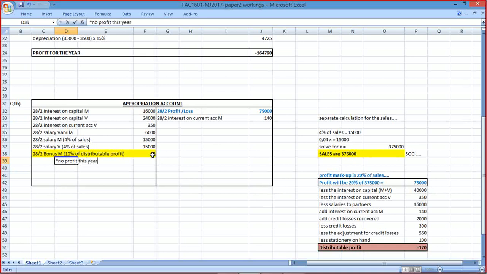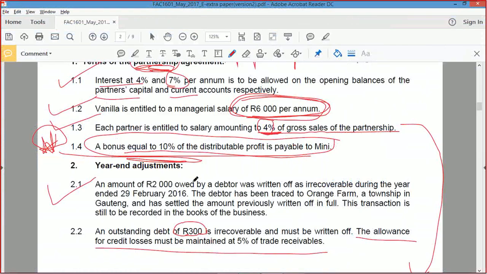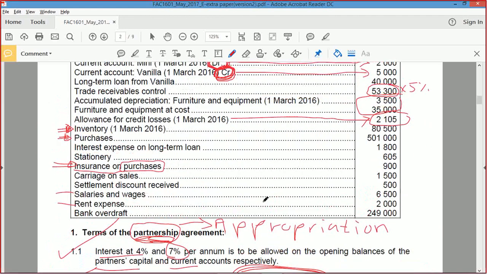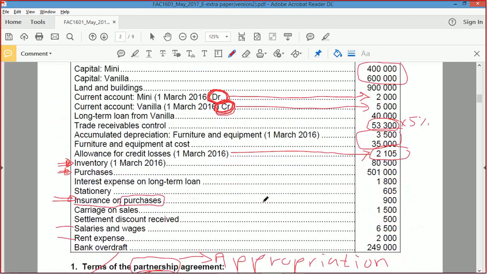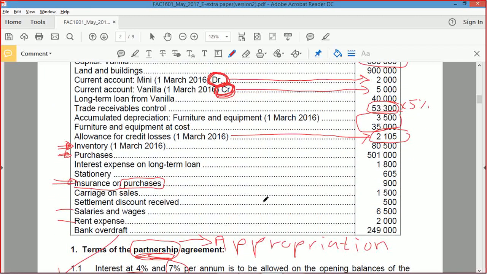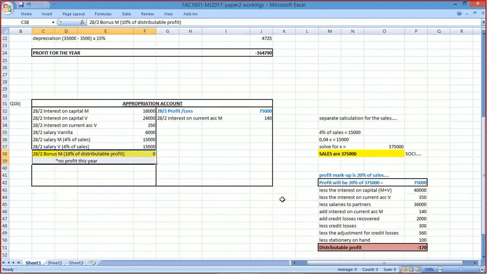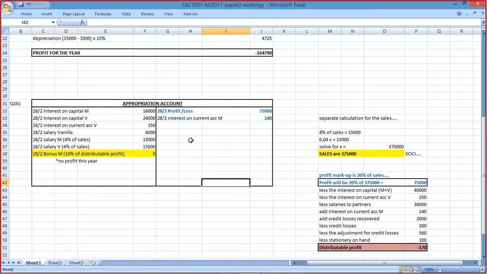No profit this year, so there wasn't a profit for this particular business. That is what they gave you in the question, and that's all they gave you. There weren't any other additional information points, so you had to work out these missing amounts in order to get the right figures, the right amounts.